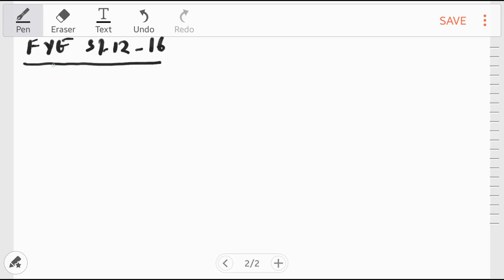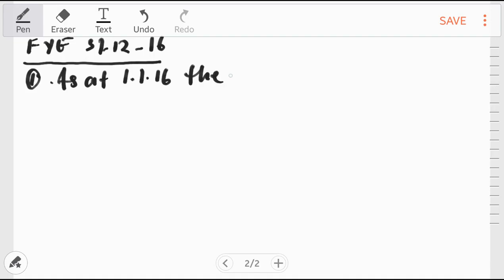So you would say, I put number 1. I explain what happened at the beginning of the year first. As at 1st of January 16, you need to inform the cost of the equipment.